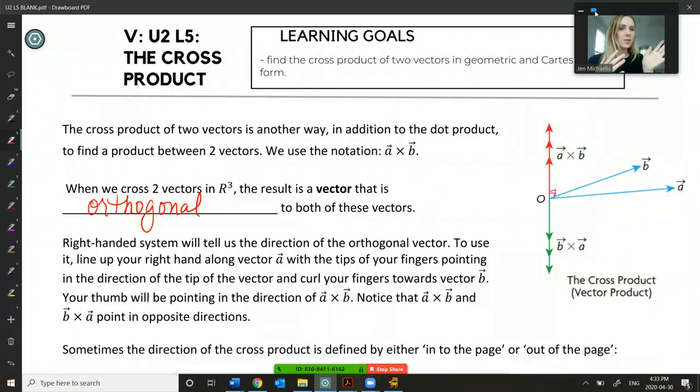Now the goal here is to orient your hand in such a way that you can curl your fingers toward the other vector that you're crossing with. So if I curl this way, you'll notice that my thumb is pointing toward me. Whereas if I have to orient my fingers this way to curl this way, my thumb will actually be pointing away from me. So let's take a look at an actual example that we can use this on.